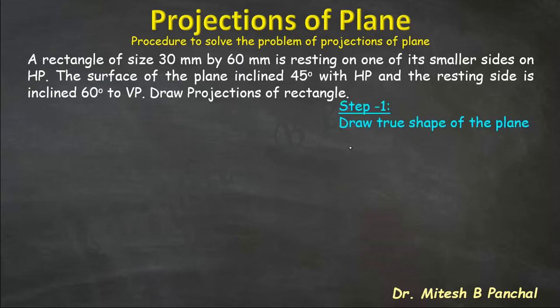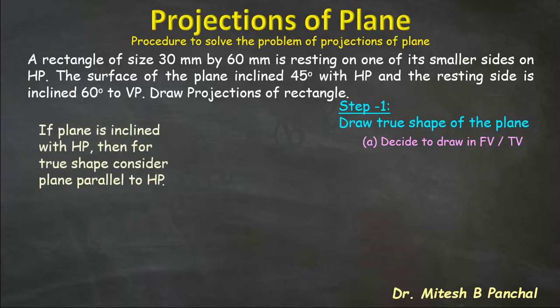First step, we have to draw the true shape of the plane. To draw the true shape of the plane, we need to consider two points. The first point is that we have to decide where to draw the true shape, either in the front view or in the top view. That will be decided based on the given data.